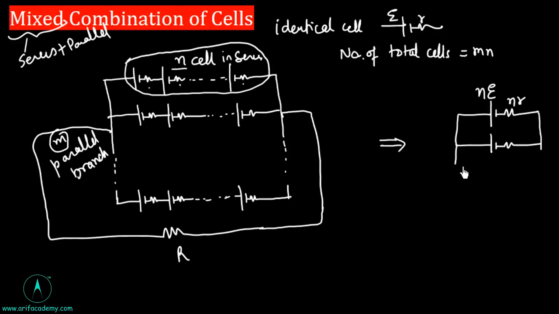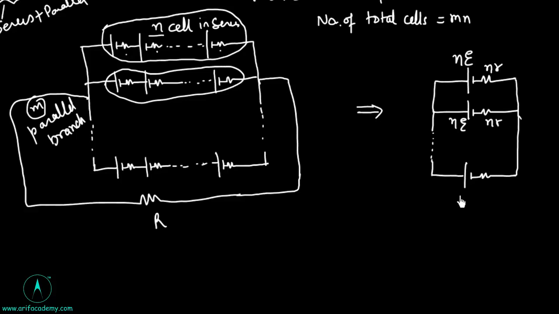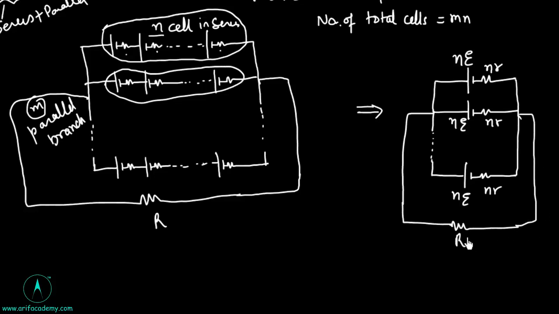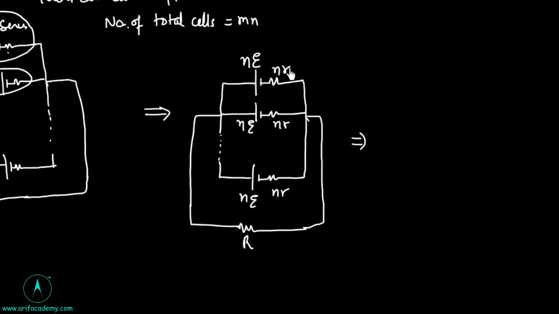There are m such branches, so each branch can be represented like this: its EMF is nE and internal resistance is nR, and this is connected with an external load R. Now these cells in parallel are identical because each has the same EMF and the same internal resistance.